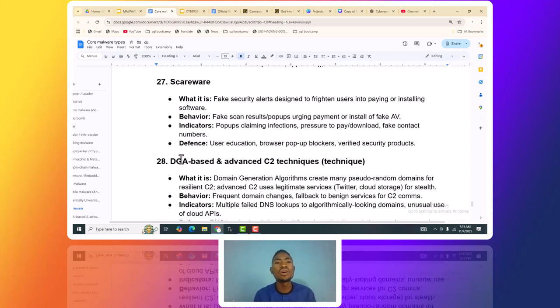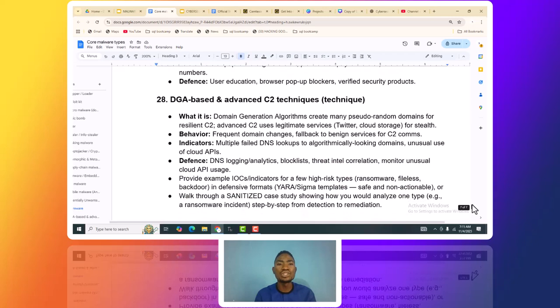There's another one called DGA-based or advanced C2 techniques. What is DGA? It's called a domain generation algorithm. It creates many pseudo-random domains for resilient or even advanced C2, using legitimate services like Twitter and cloud storage to do their malicious activity.